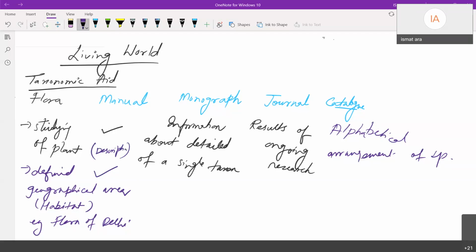Example of manual: manual of aquatic plants. Example of monograph: monograph of Evida.